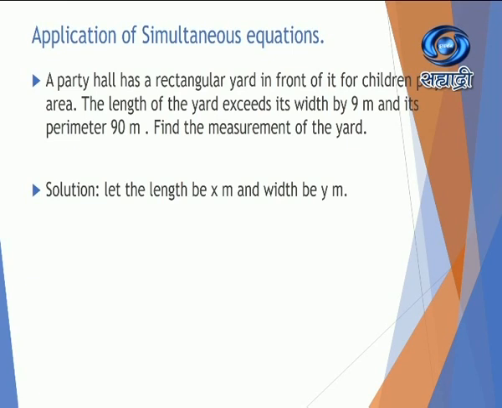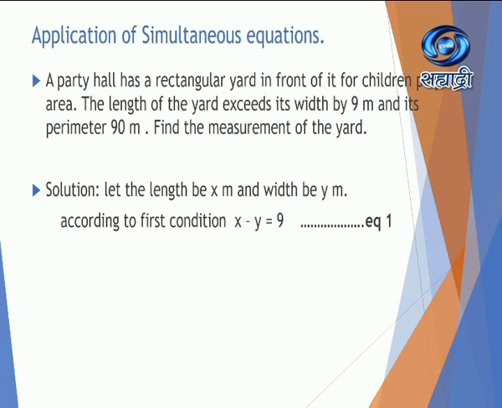Usually we have to remember that whatever is asked is to be considered as a variable, that is x or y. Here, find the measurement of the yard. That means we have to find the length and width, or length and breadth, of the yard. So I have taken it as, let the length be x meter and width be y meter.